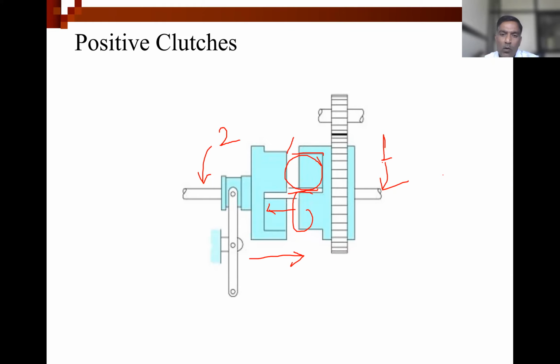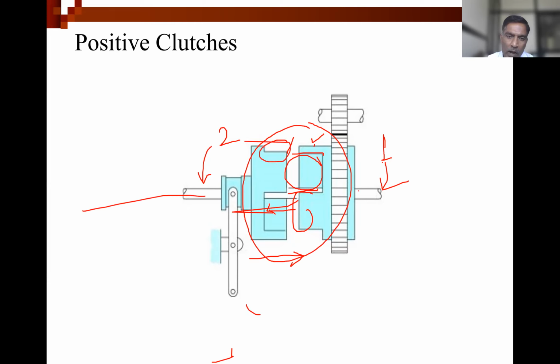So there is no possibility of sliding between these two elements. It's a permanent engagement. So that's why it is called a positive clutch. Whatever torque is available at this disc, the same will be transmitted to this disc and consequently to the shaft.